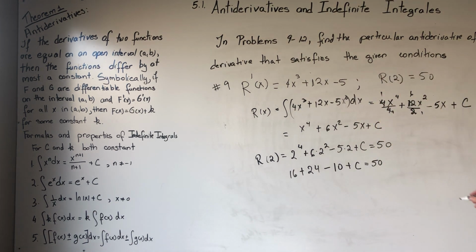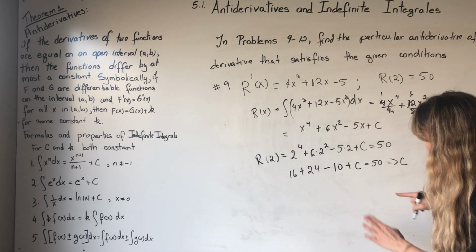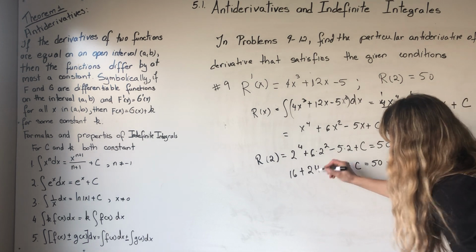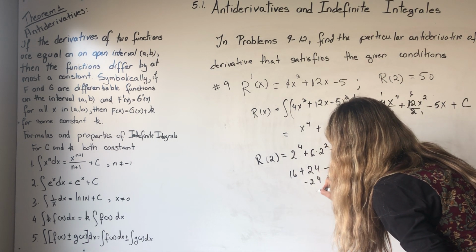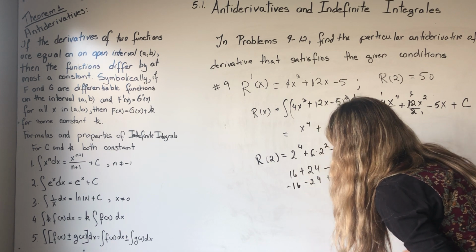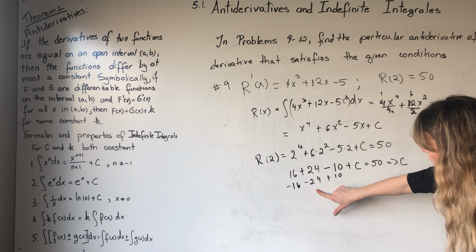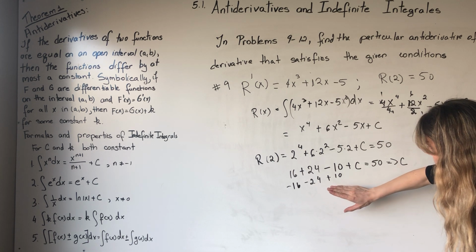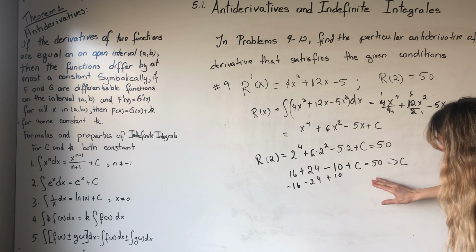So let's see what c is. I want to keep c on one side, and move everything to the other side. So I add 10, I subtract 24, and I subtract 16. 16 plus 24 is 40, 40 minus 10 is 30, so minus 30 here.